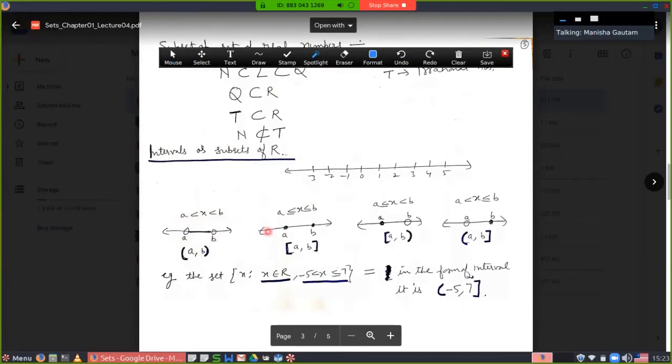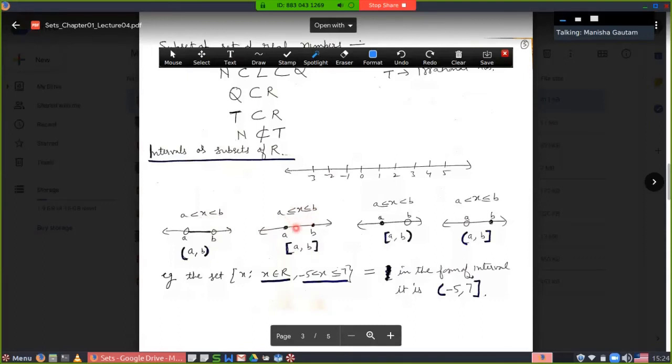Second case, closed bracket, elements lying between A and B, and A and B are also included. It means you will write like this: x are those elements which are greater than or equal to A, less than or equal to B. In the previous one I have written only greater than and less than. Here the equal to sign is also there in this second case.